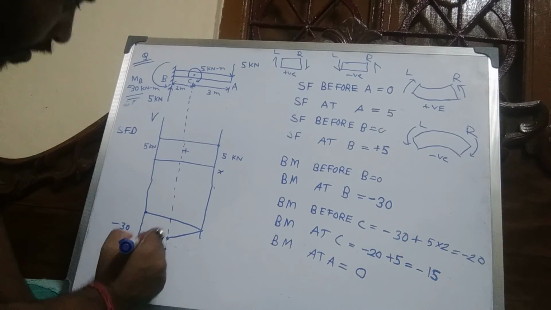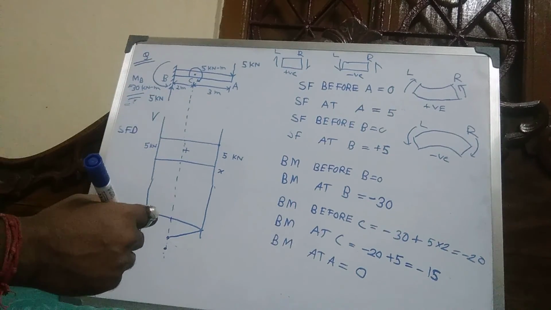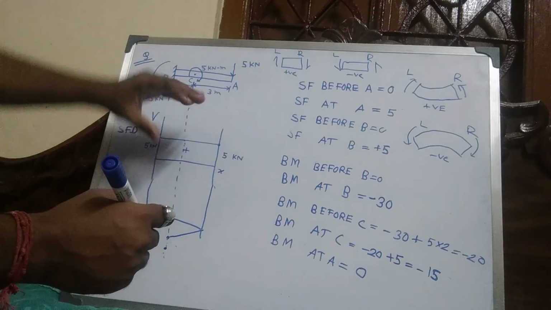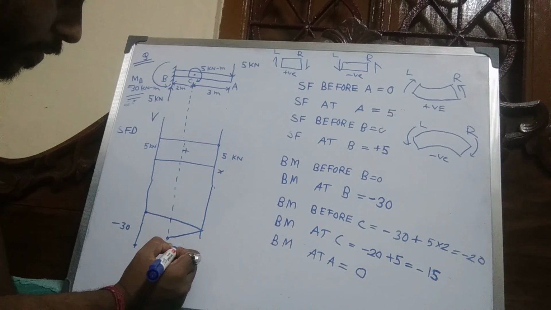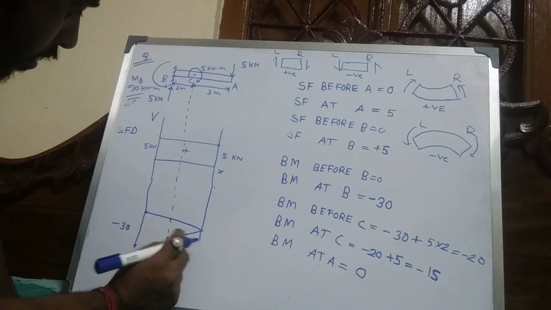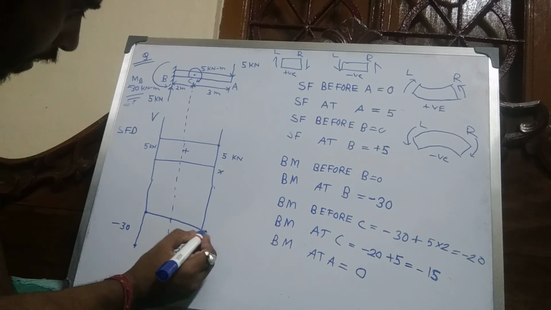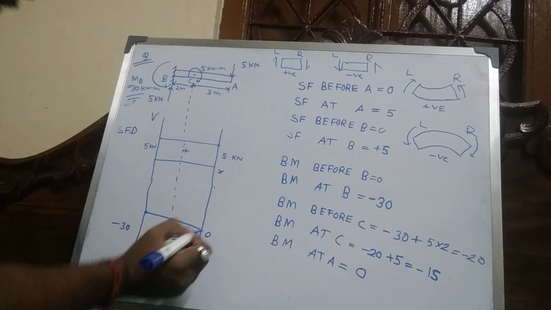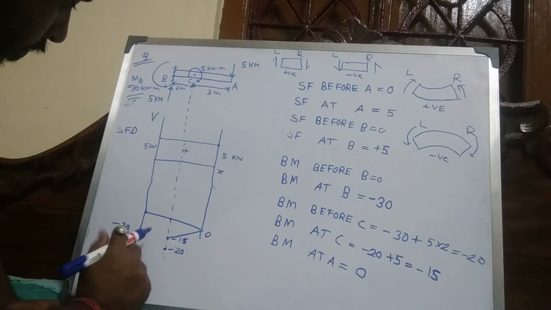So we know when shear force remains constant, the bending moment diagram is an inclined straight line. This is minus 20, this is minus 20, this is minus 15, and here 0, and there 0.